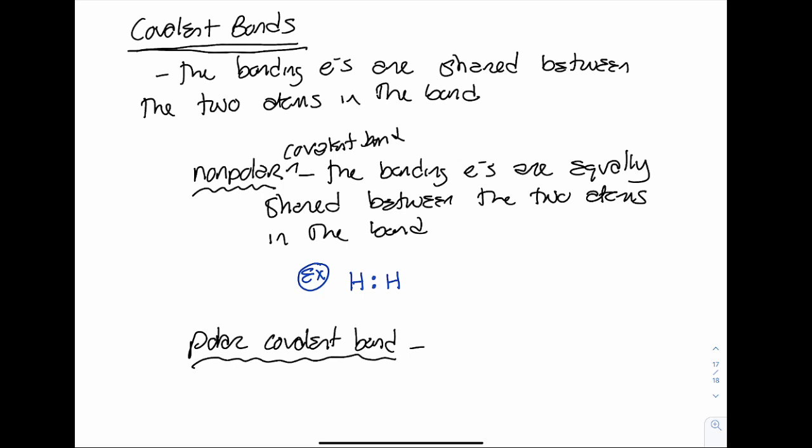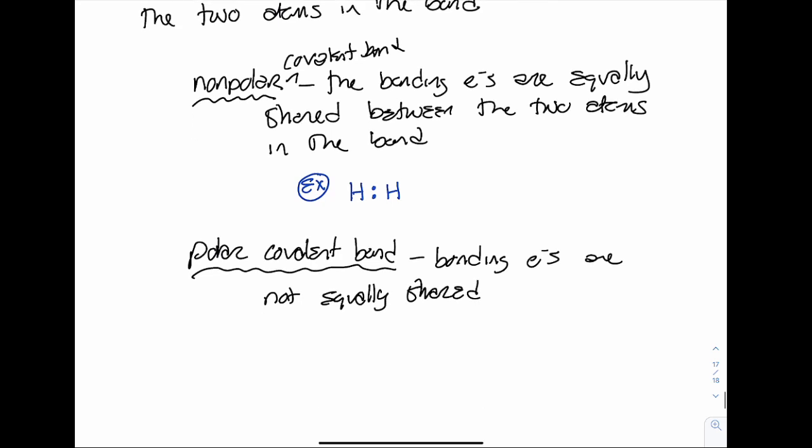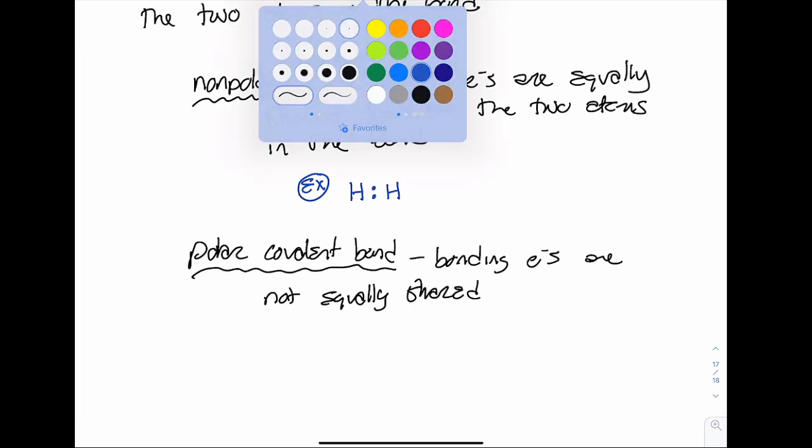It's just that one of the two atoms has the greater share of that electron density. So the bonding electrons are not equally shared. Again, still shared, right? It hasn't become ionic, but they're just not equally shared. One of those two atoms gets the greater share of that electron density.